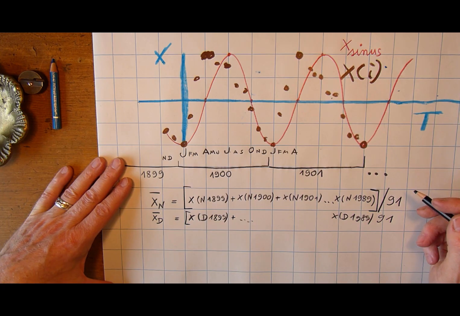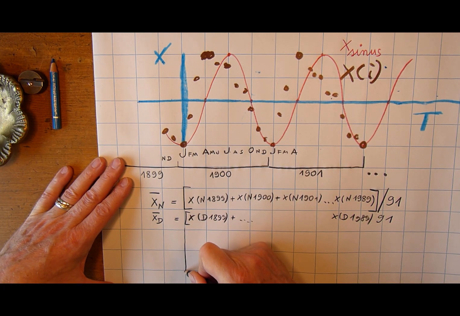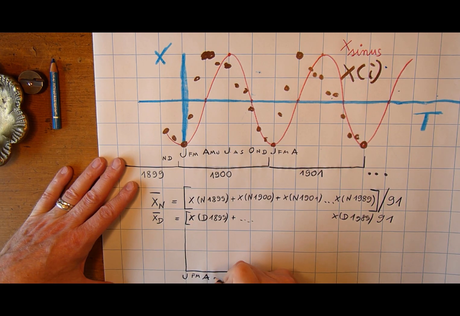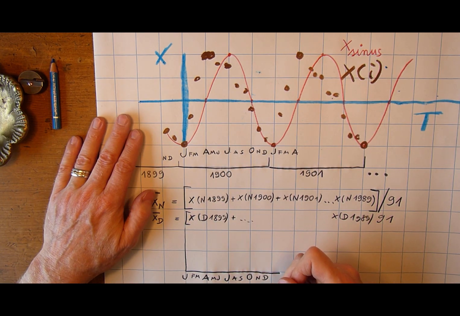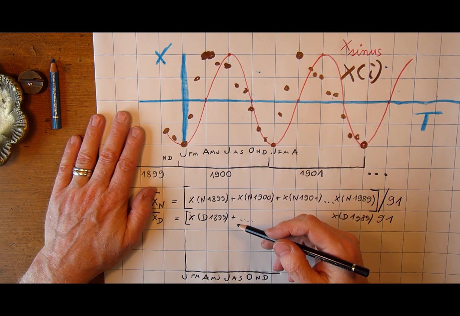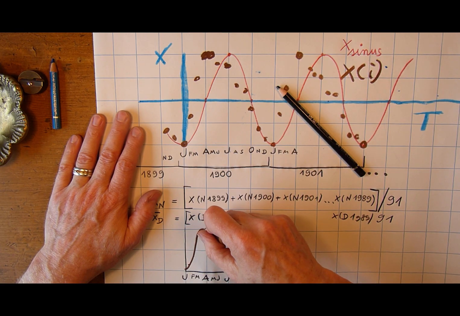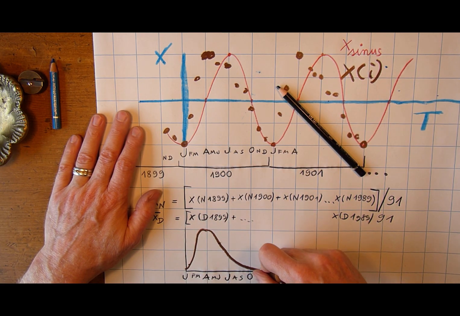The month-wise averages, January, February till December, the plot of those values does capture the deviation from the parametric sinus shape. A fast rise, maximum in April or so, and then a long-term decrease until the end of the year.